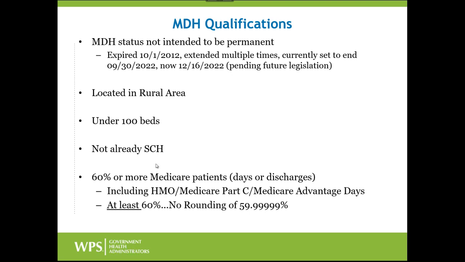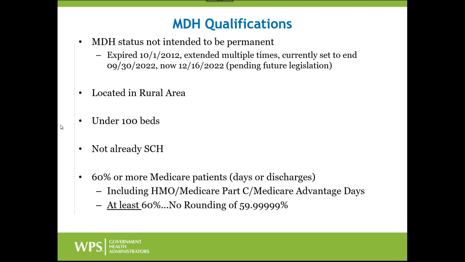Now, the main criteria for Medicare dependent hospital status, if you just look at the name, Medicare dependent, what this means is that this hospital depends very heavily on Medicare patients for their utilization. Specifically, you have to have 60% or more Medicare patients, either by counting days or discharges.